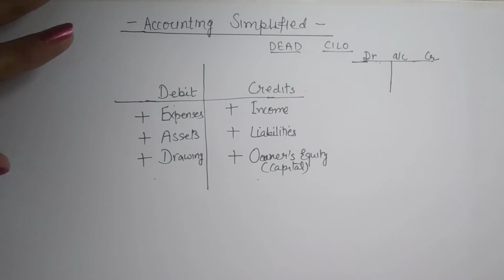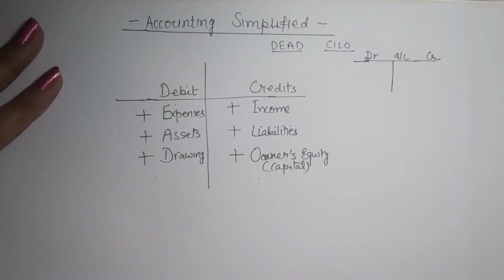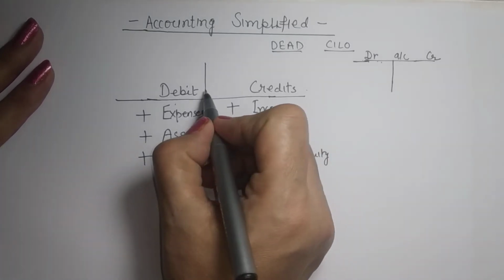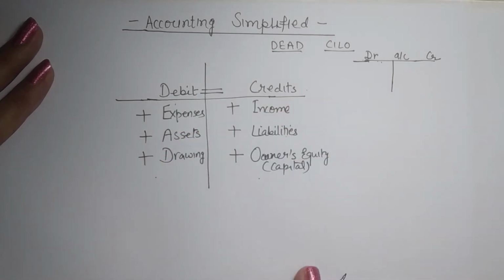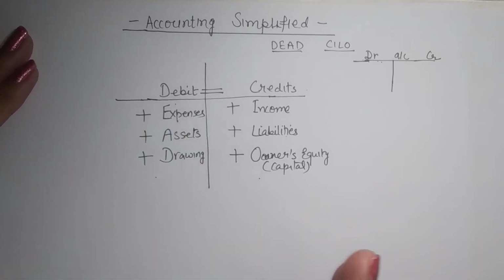Now our double entry system, which is the most scientific method of recording the information correctly, says that debit will always be equal to credit. That is, in a journal entry, however many accounts we might be debiting or crediting, the total amount debited will always be equal to the total amount credited.